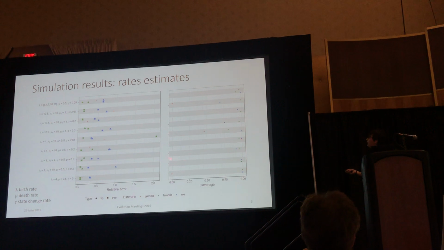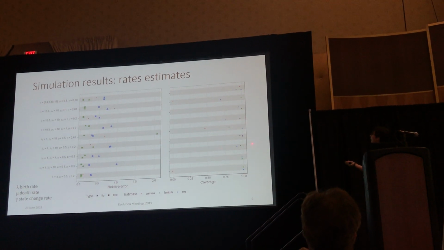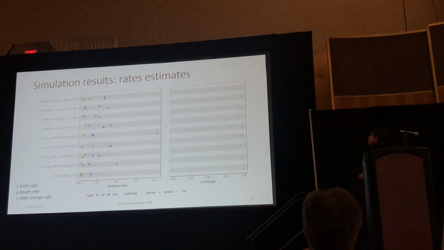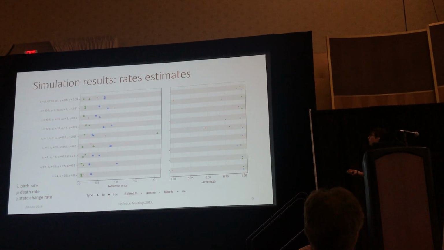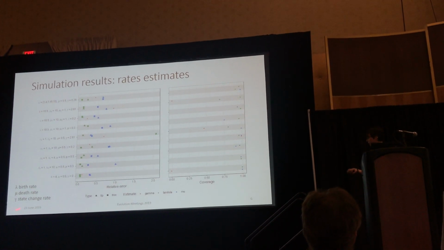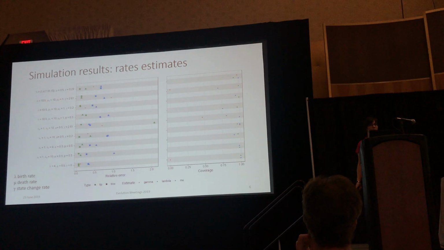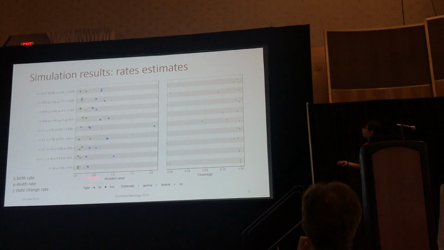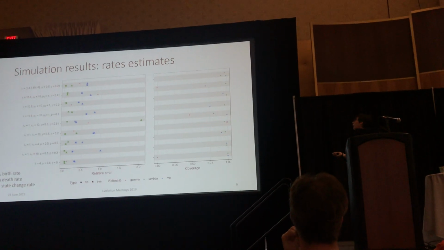The rate of state change is a bit harder to estimate, and you can see there are strong differences. In certain datasets it's really bad, and in some datasets it's really good. These two are the dataset with only one state. Here the true rate of state change is 0, but we never reach that number in the MCMC. This is why the coverage is pretty awful, but we are really close. It's just that 0 is never included in the confidence interval.